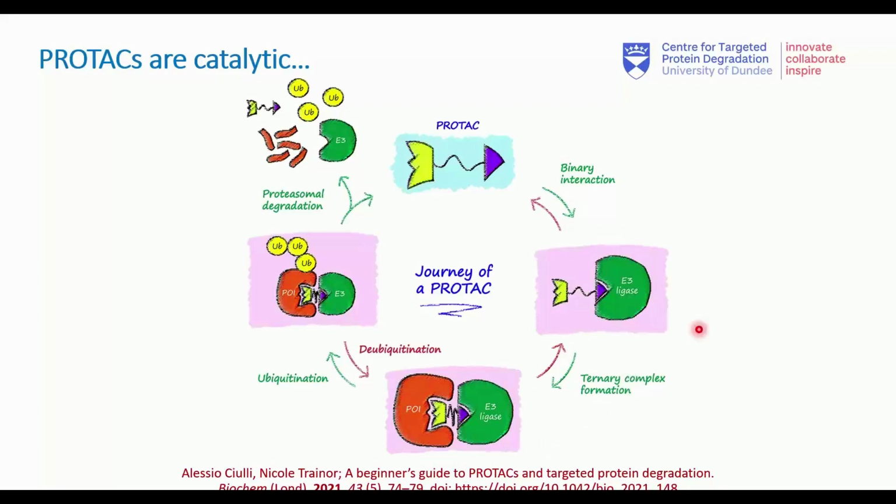A ternary complex is then formed, as I said, between the E3 ligase and the target protein. Ubiquitination, and this can also be deubiquitination as well, is always in equilibrium. And then once the target protein is degraded, the PROTAC is ejected before the protein gets degraded.